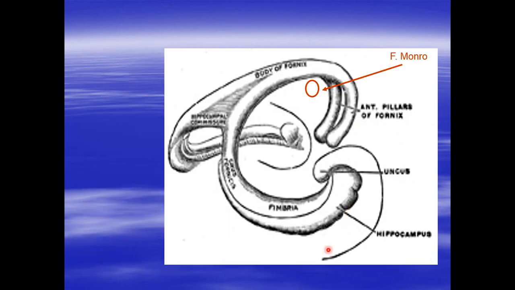Just like here, you can see that here would be the foramen of Monro, and it is composed of two crura that pass posteriorly to the level of the splenium of corpus callosum, where they unite, forming the body of the fornix, and then they will split into the two columns that reach the level of the anterior aspect of the interventricular foramen, reaching the hypothalamus and the mammillary bodies.